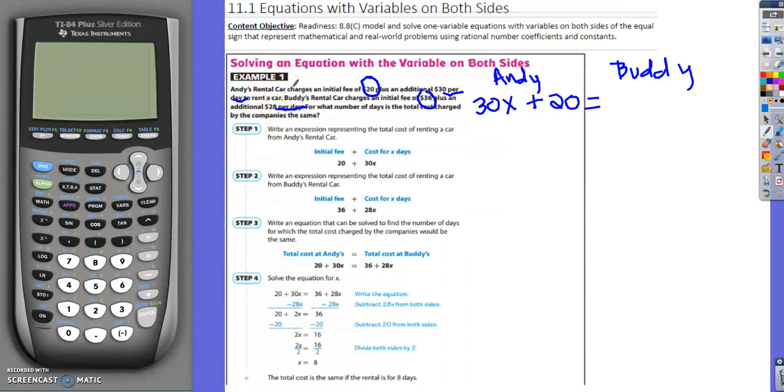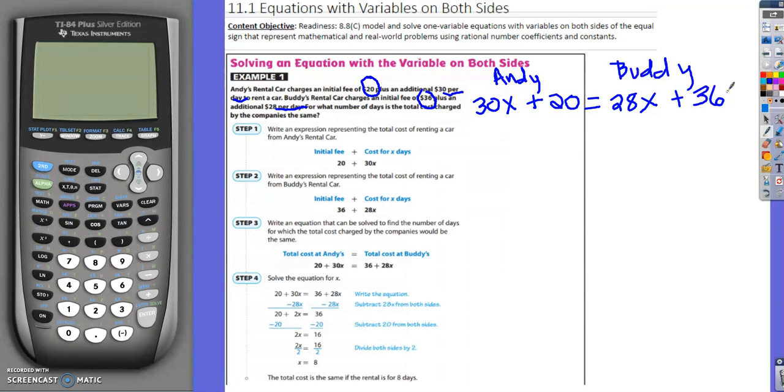The constant rate of change is the 28 per day. And then we're going to have the initial fee of 36. Okay, that is how we set up this equation, because we want to figure out the number of days that they're charged the same. So we want to know, when do these two expressions equal each other?